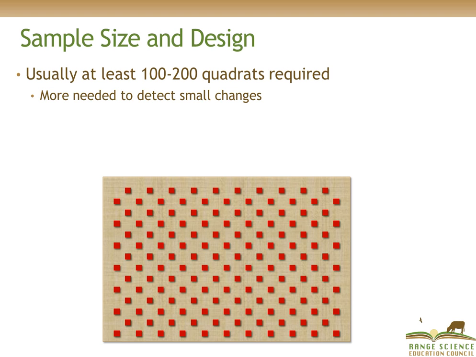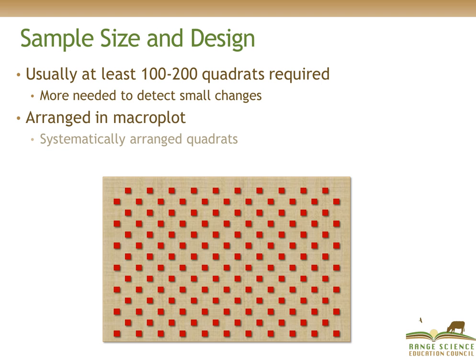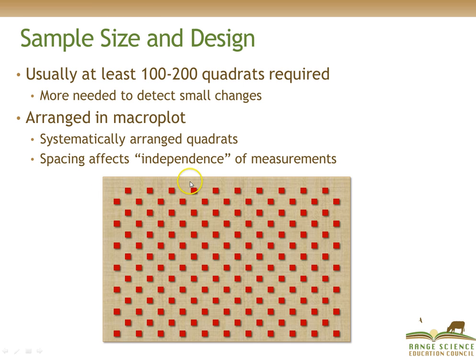In general, the quadrats are arranged in a macro plot. So we can consider the macro plot here as being our area of interest. And they are systematically placed throughout the macro plot or the area of interest.